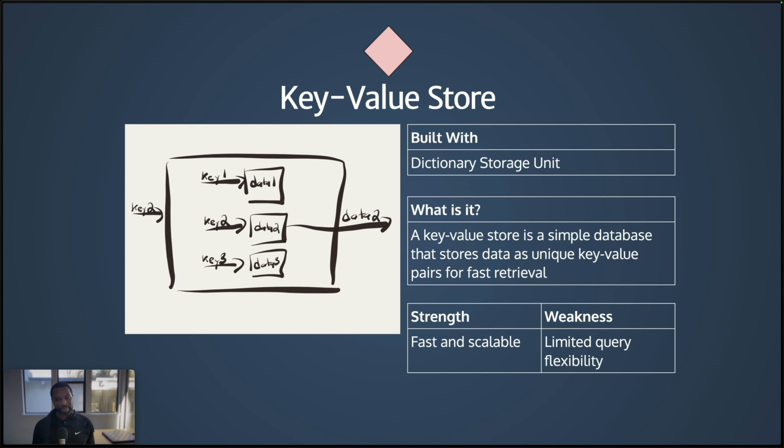Some key value stores might be able to do prefix searches and things of that nature, but nonetheless, a key value store inherently has limited query flexibility in order to make sure that it's fast and scalable. That is the trade-off. So that's the key value store building block.